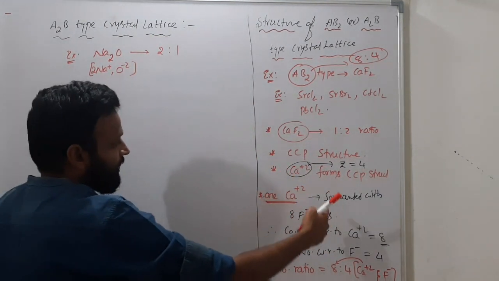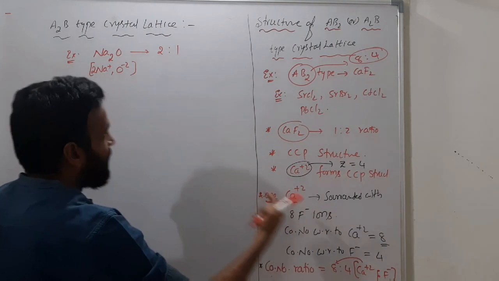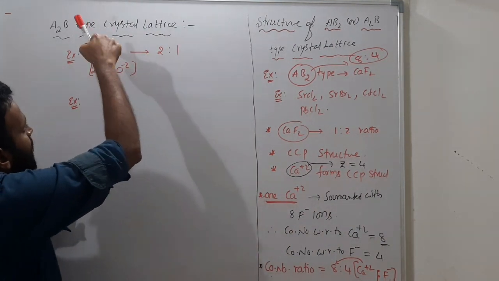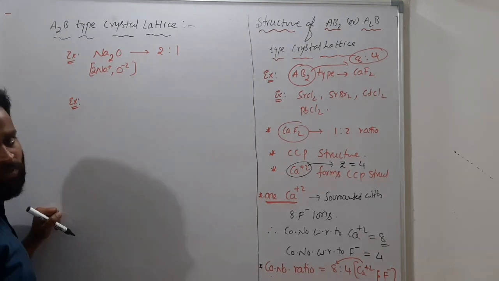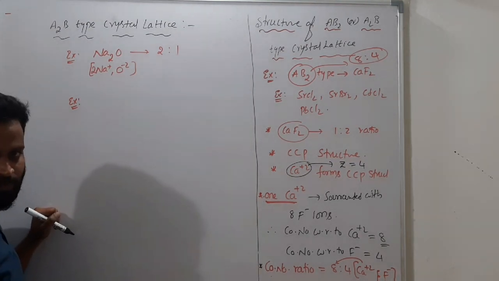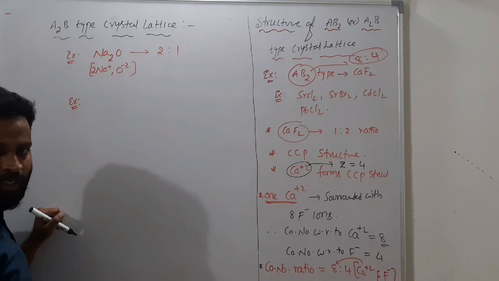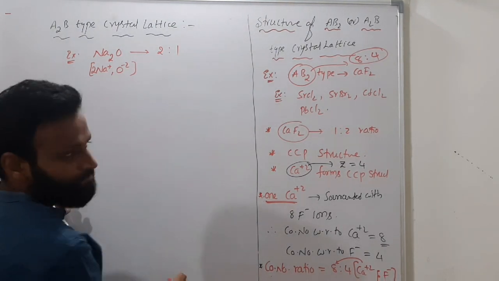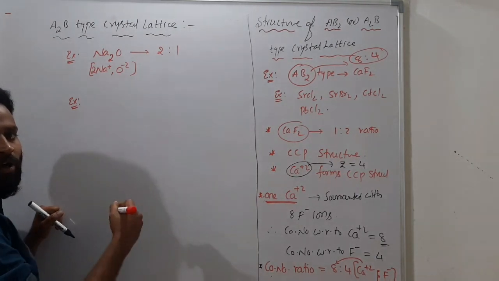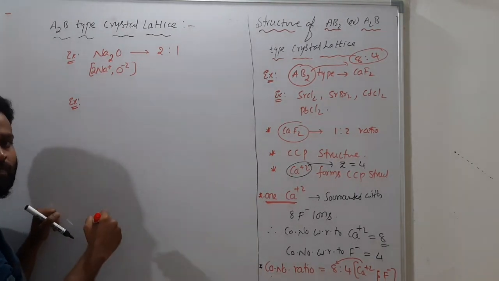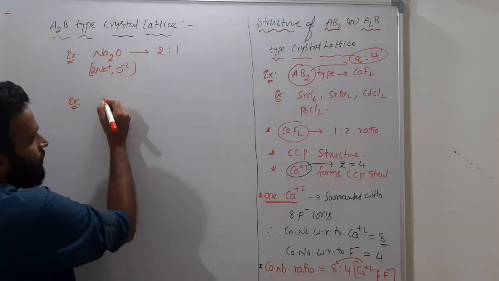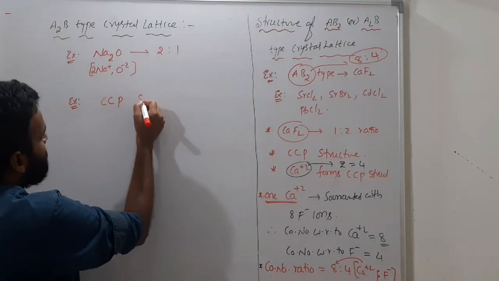Here 1 calcium is sharing 2 F minus, but here 1 oxygen is sharing 2 Na plus ions. That's the difference. Okay. So who is forming the crystal lattice here? Oxygen. 4. So how many sodium ions? 8. So what is the coordination number ratio? So here you can say it also has CCP structure.